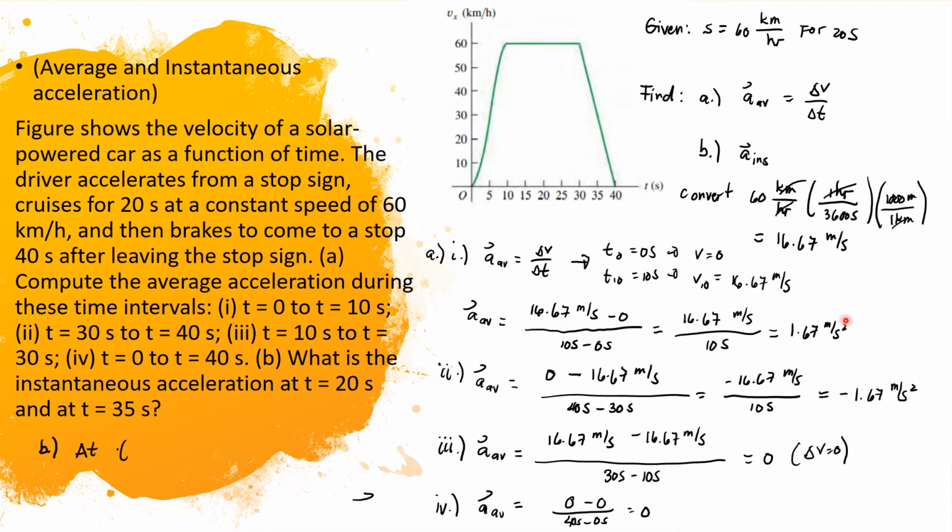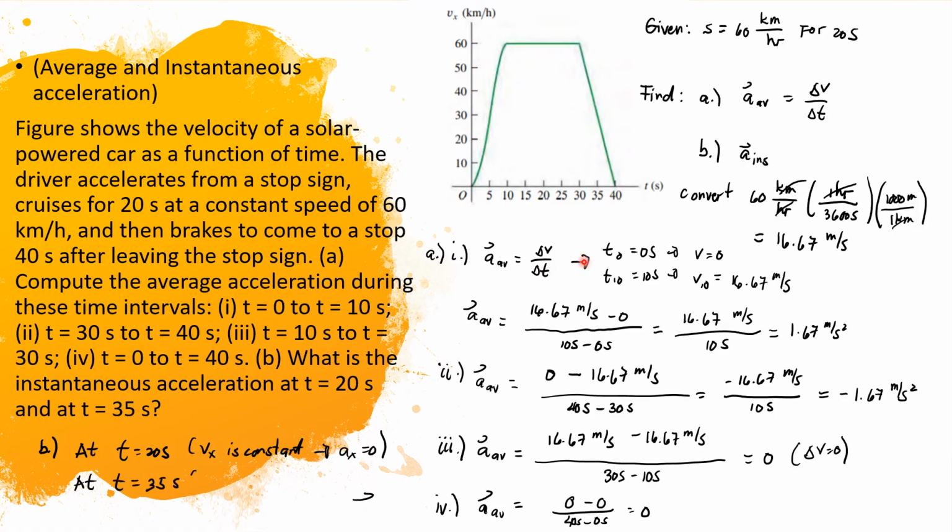For letter B, we need to find the instantaneous acceleration at this time. So at 20 seconds, here, our velocity is constant, meaning this is not changing. Our acceleration here is 0.